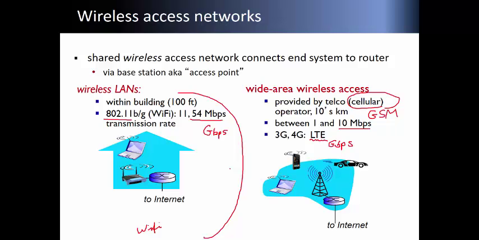Gigabps of data speed is reasonable because the bandwidth of the channel is usually about 20 megahertz, one channel.